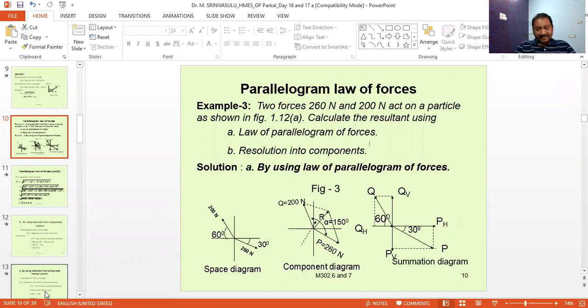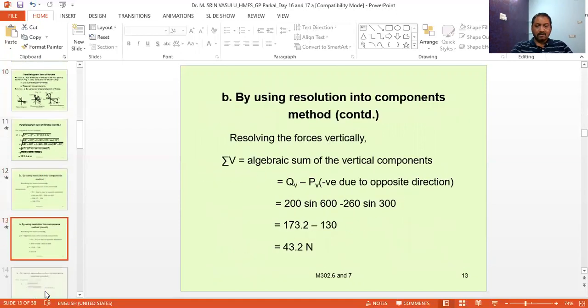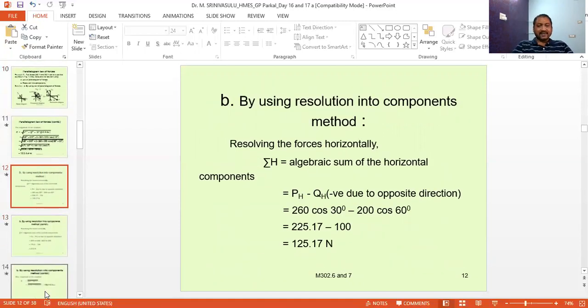Or we can say because the force is in the fourth quadrant, the x is positive, therefore its value is positive. So 260 into cos 30 is the plus value, the horizontal component of the force P.